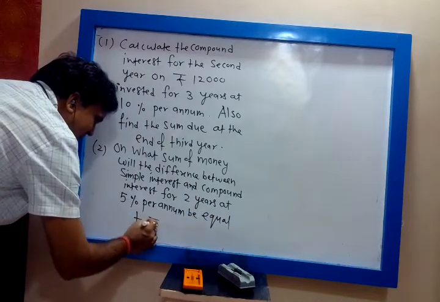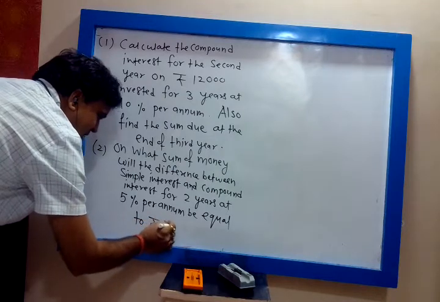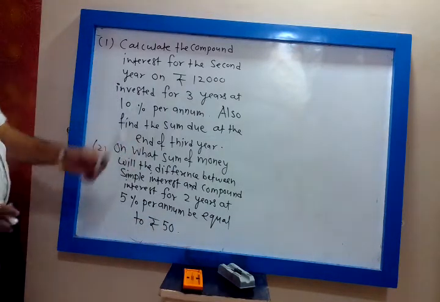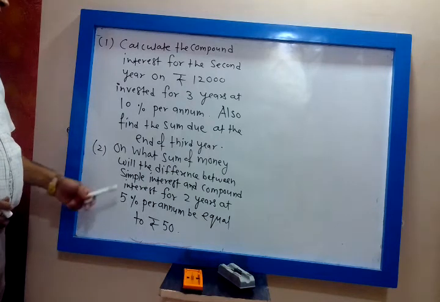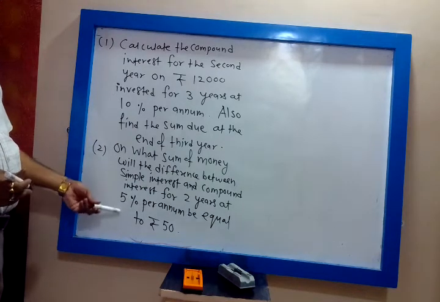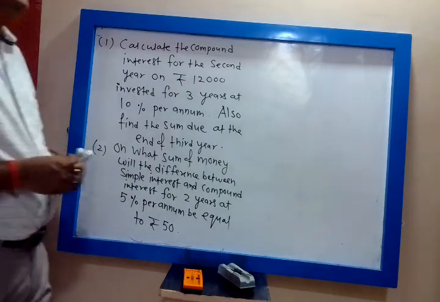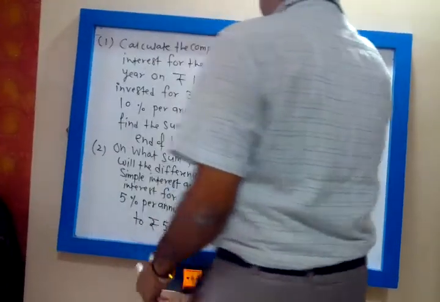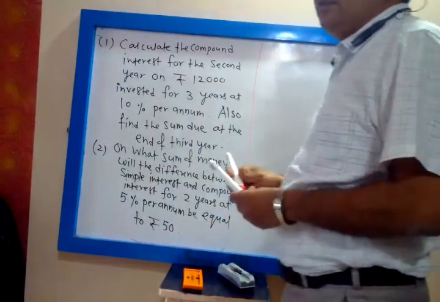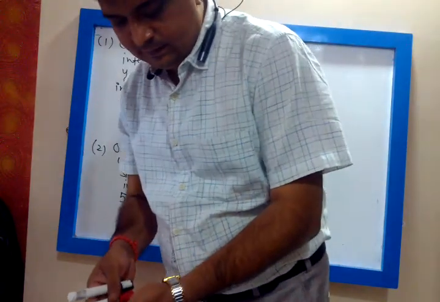So the difference between SI and CI is given as 50 rupees. Duration is 2 years and the rate is 5%. So in this you can use the formula on a yearly basis. You can use the formula and get the answer.